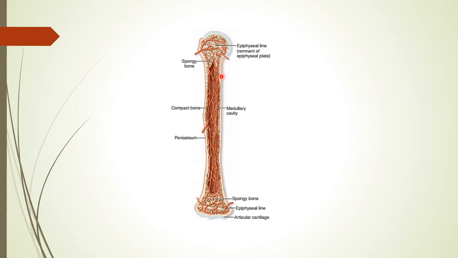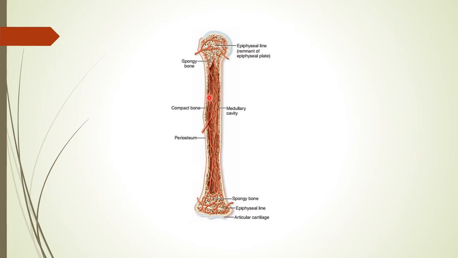In the middle, this is the shaft. The long part, the shaft, is called the diaphysis. In the diaphysis we have mainly compact cortical bone, as we see here. On the outside is compact bone, and on the inside there is a very thin layer of spongy bone near the medullary cavity.